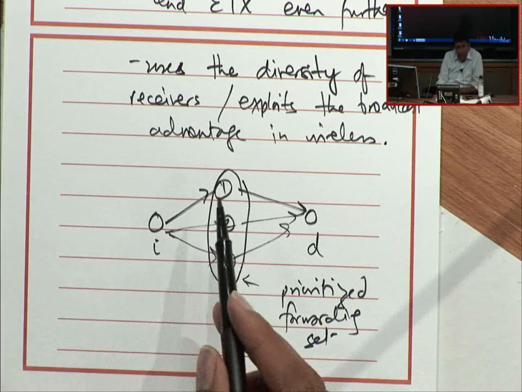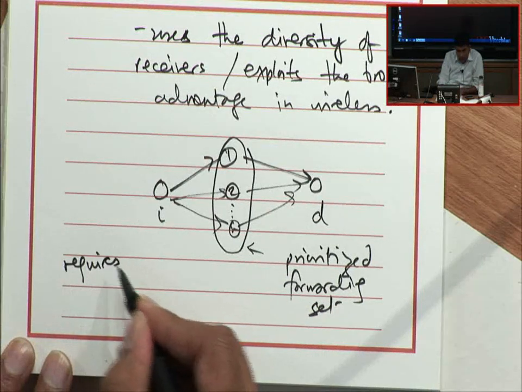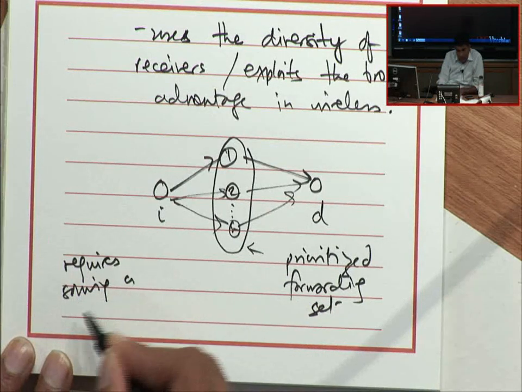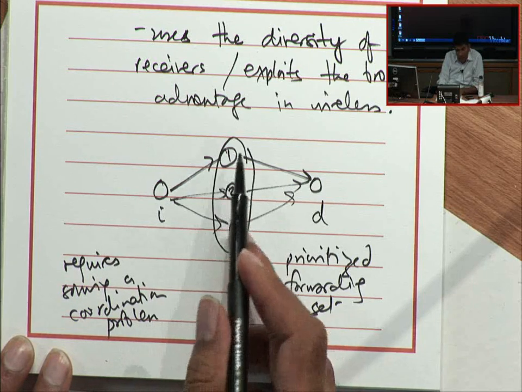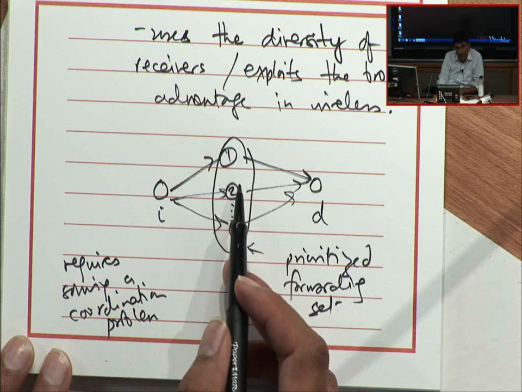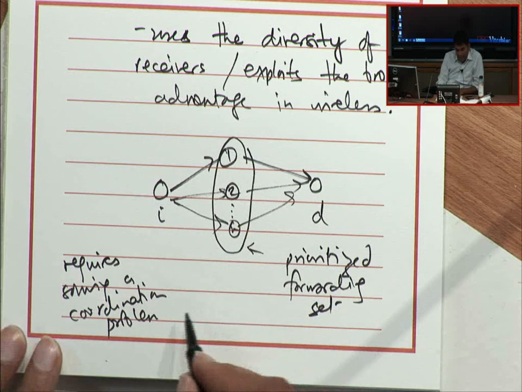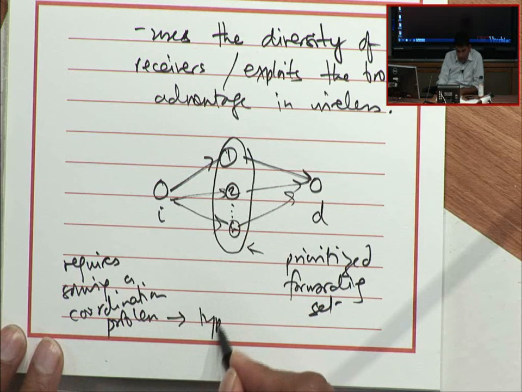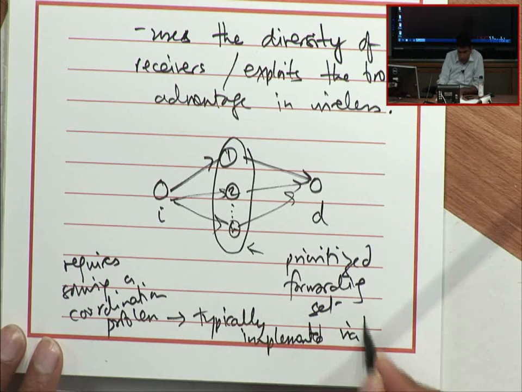It does require you to solve a coordination problem, which is that, for example, node number 2 and 1, when they both receive the packet, we want to make sure that they both don't forward, but rather that only one does, and typically implemented with a timer plus ACK.